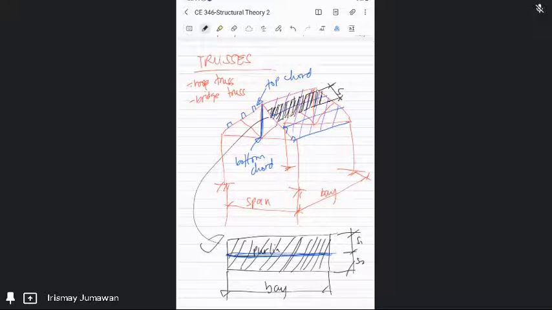B is the number of bars. R is the number of external reactions: 2 for each hinge or pin, and 1 for each roller or rocker. J is the number of joints. So the degree of determinacy is B plus R minus 2J.